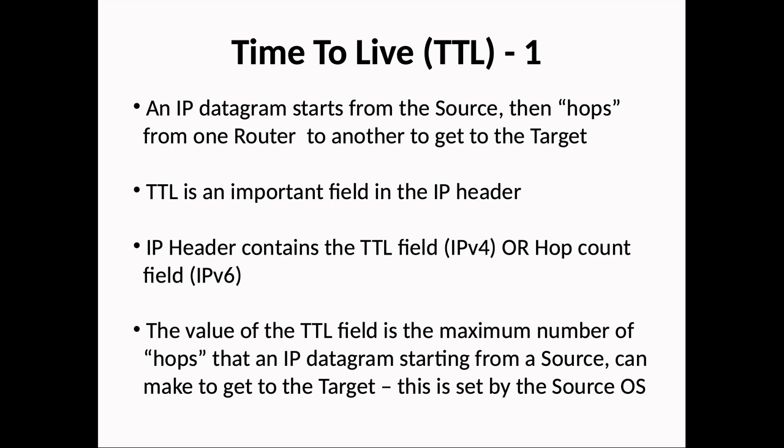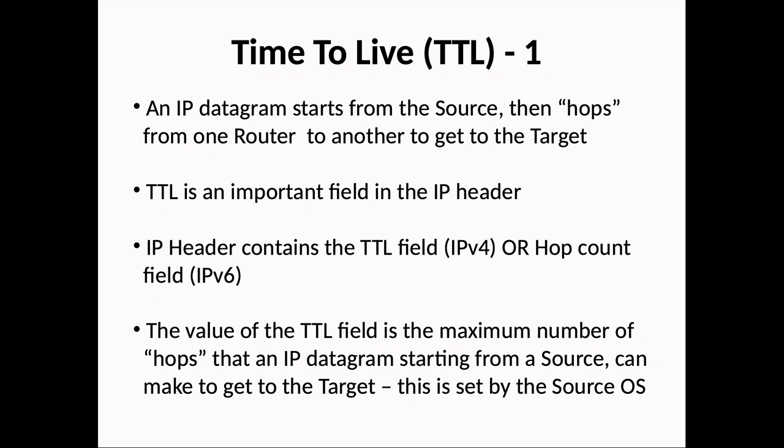Now, when an IP datagram starts from the source device towards the target, it naturally reaches the directly connected first router, which then forwards the IP datagram to the next router, the second one, which naturally forwards it to the third router, and so on until it gets to the target. After which the target device replies by sending one or more IP datagrams back to the source device, which once again pass through all the intermediate routers.